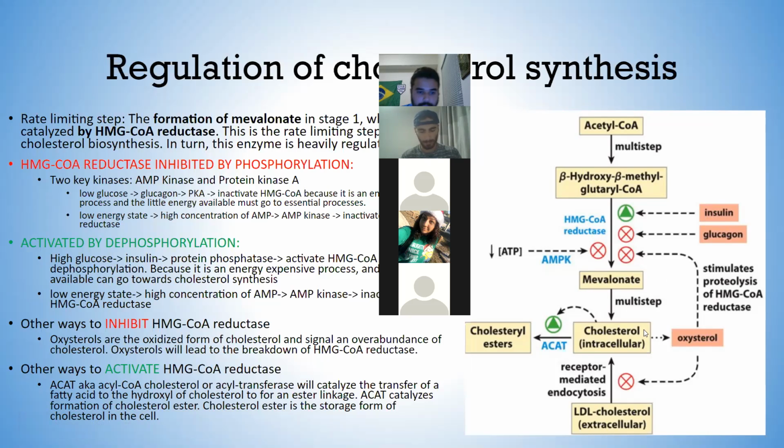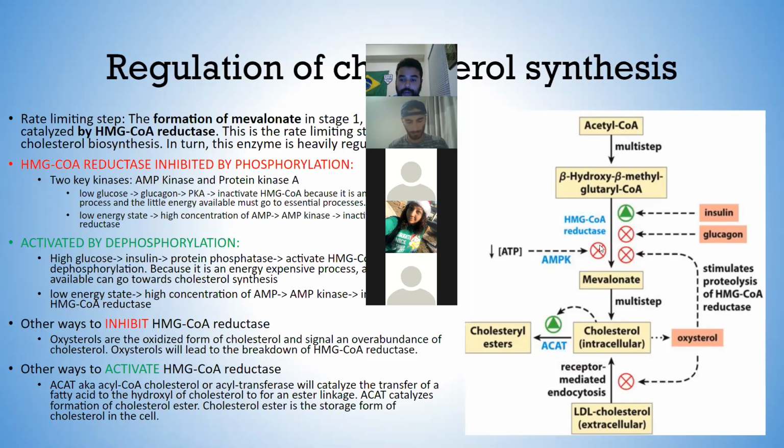On the other hand, if glucagon is indicating that we have low blood sugar, why would we start making cholesterol if we need more blood sugar to be released into our blood vessels? That's why glucagon inhibits HMG-CoA reductase. In terms of activating, we have one major activator of HMG-CoA reductase, and that's insulin. Insulin indicates to our body that we have a high amount of blood glucose.